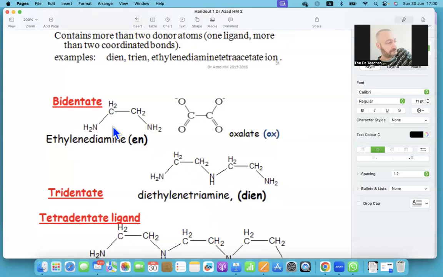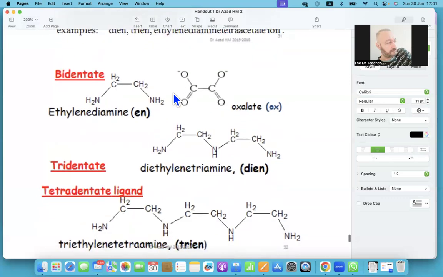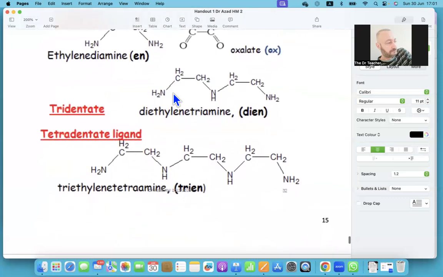So as you see, the bidentate NH2, NH2, and inside the CH2, CH2. So from the N, N it can bond to the metal. Here is the oxalate as well; from O, O it can bond to the metal ion.